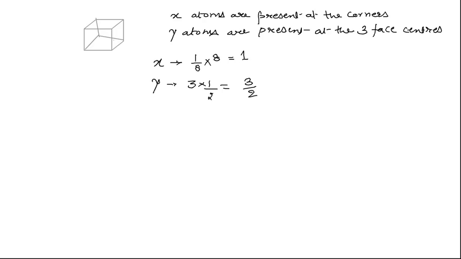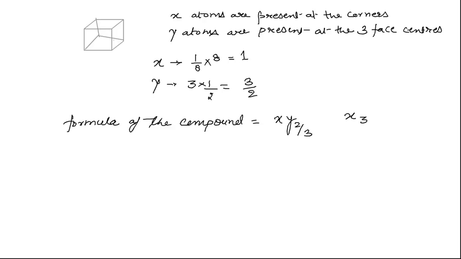Okay? Now the formula of the compound is equal to X Y 3 by 2. What can we do here? If I am doing, what will be the formula then?